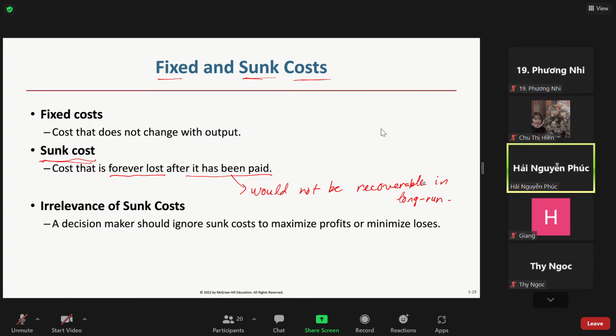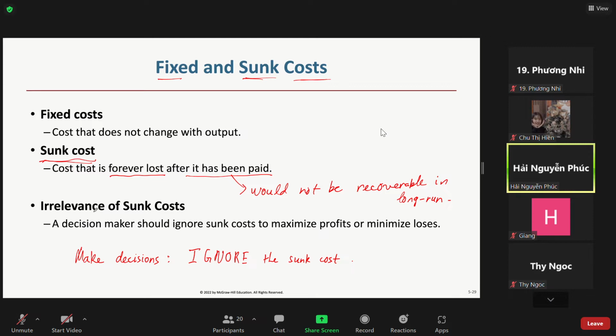And the key point is that when you make a decision, you have to follow the rule of ignoring the sunk cost, because it is not relevant in making decisions. Right? You should ignore the sunk cost.